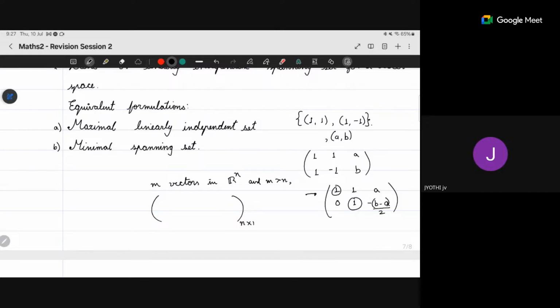It will be an n cross m matrix, because each column is a vector. So the number of rows is n and the number of columns is m. So it has more columns than rows. So this is long, this is shorter. So even if you have pivots everywhere, you will have some free variables remaining.